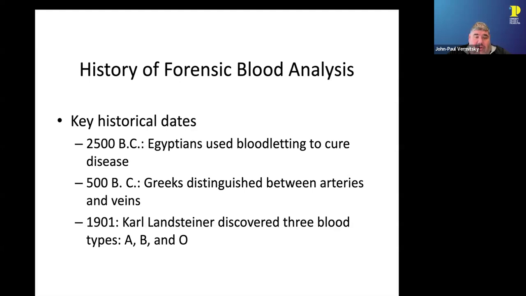Then we fast forward another 2,000 years, and this is where we get Carl Landsteiner, who discovered there are three primary blood types, A, B, and O. And these blood types are based off of the genetic factors that you inherit and that are expressed on your red blood cells.